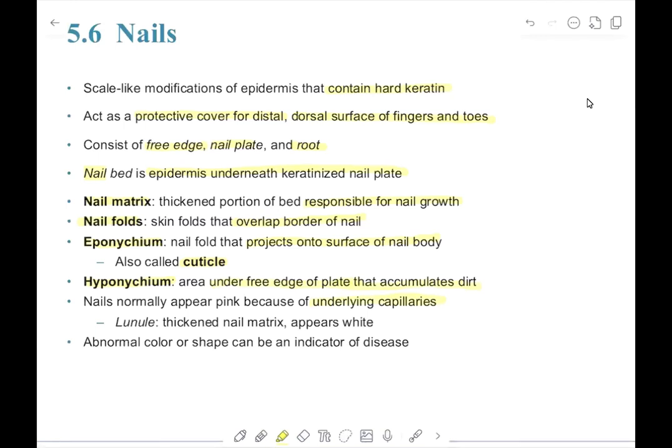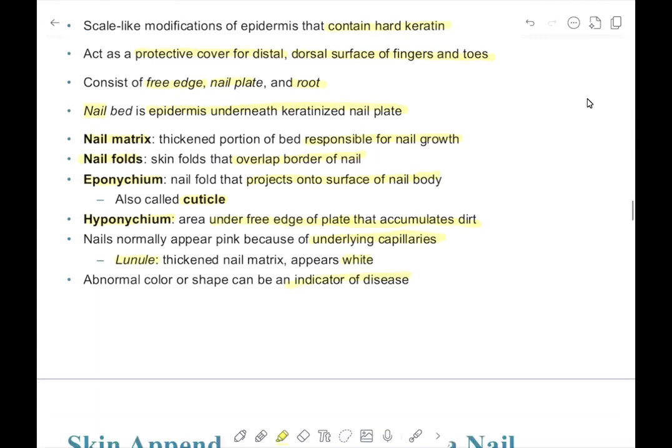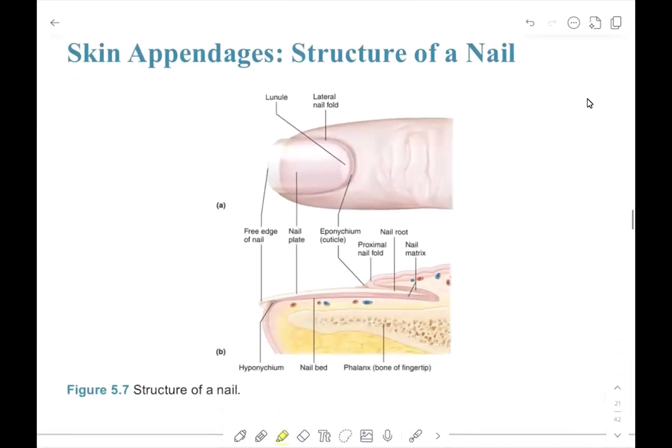And the thickened nail matrix, which appears white, is called the lunule. And it's called this because it looks like a half moon. So again, abnormal color or shape can be an indicator of disease. So the anatomy of it could indicate some sort of abnormal physiology.